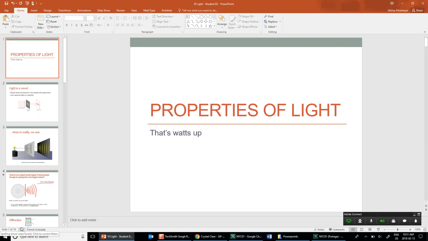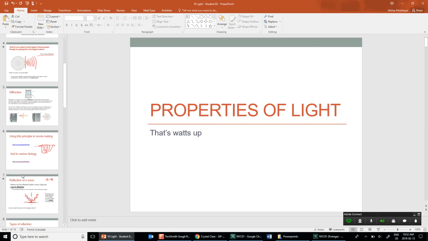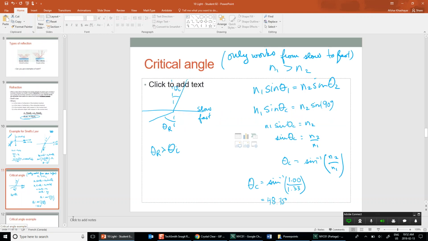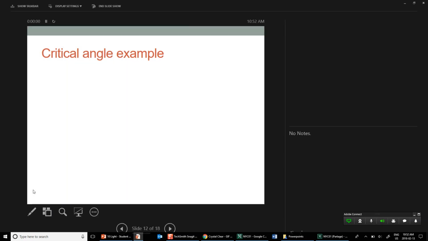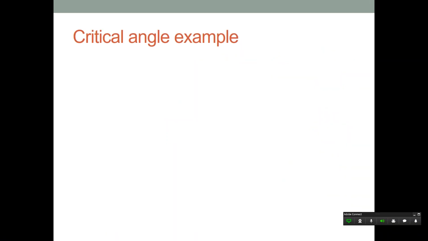Let's go ahead and write that. So assuming I have some medium like this, and I have air, and here I have some material that has an index of refraction of 1.5.